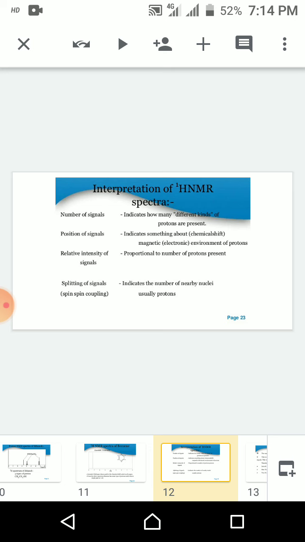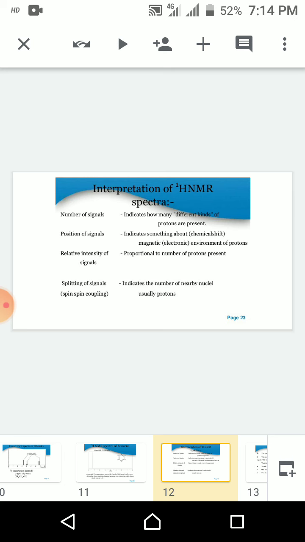The relative intensity of the signals is proportional to the number of protons present.